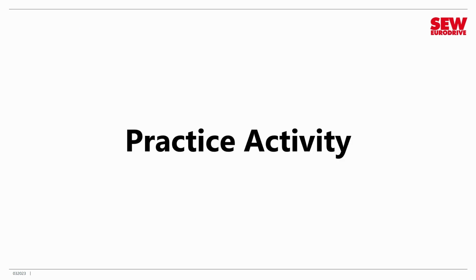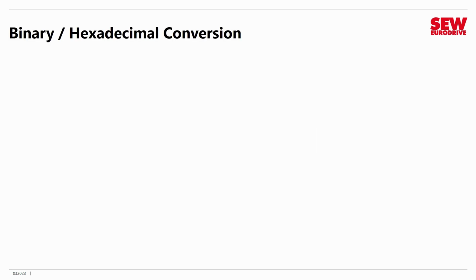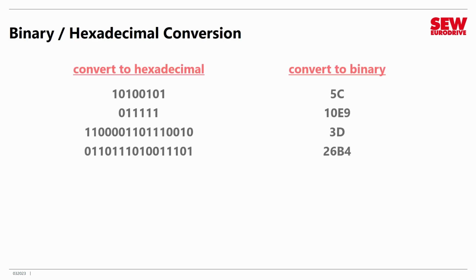So let's do a practice activity. What I'm going to do is give you some numbers to convert, and what I'd like you to do is pause the video on that screen, convert the numbers, preferably using that table I showed you, and then when you're done, unpause, and we'll go ahead and check your answers. So here are the numbers.